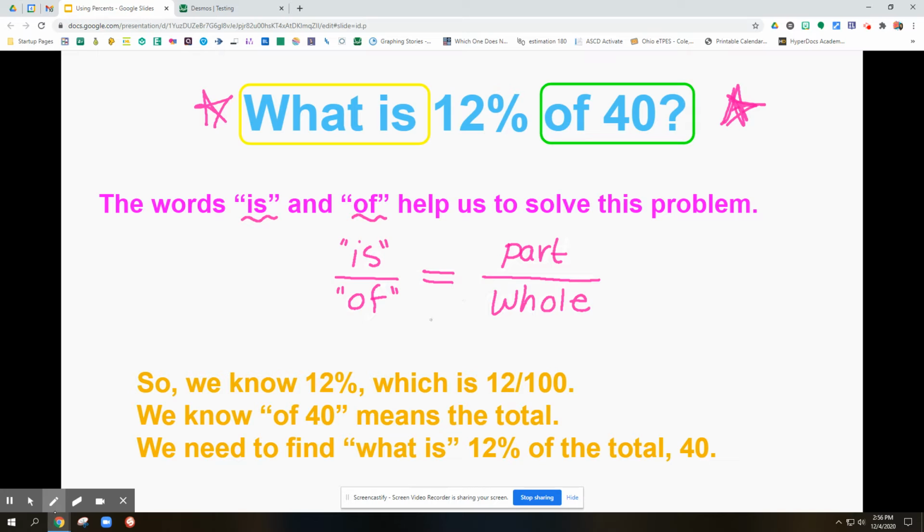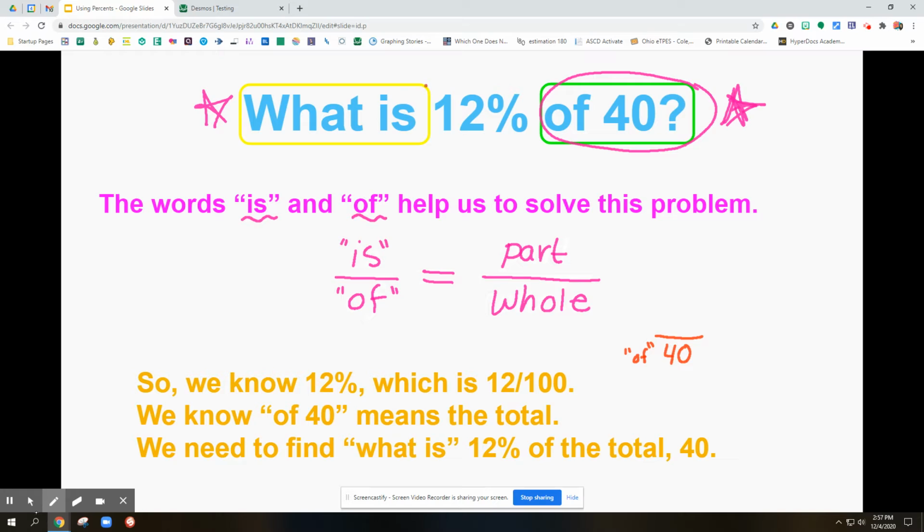And it does make sense if you think about it, because when we come back up here to the problem, if we're saying what is 12% of 40, we're wanting to know the percent of the total, okay? But specifically in this problem, our total is 40. So when I go to set this up, I want to put the fraction bar and put the number 40 in the bottom where of would go, because that is our total.